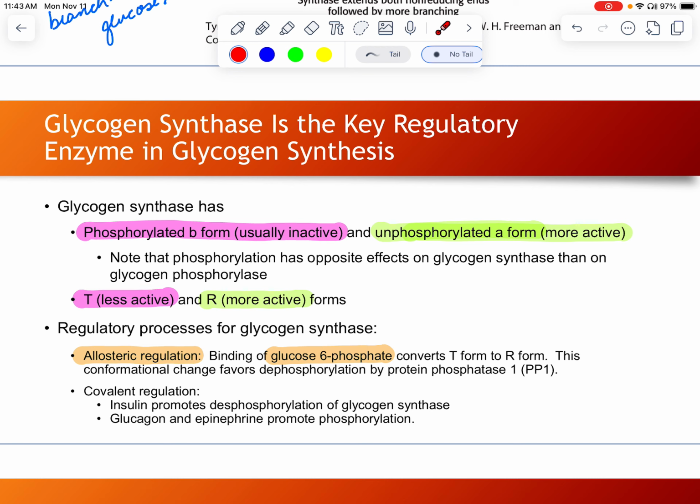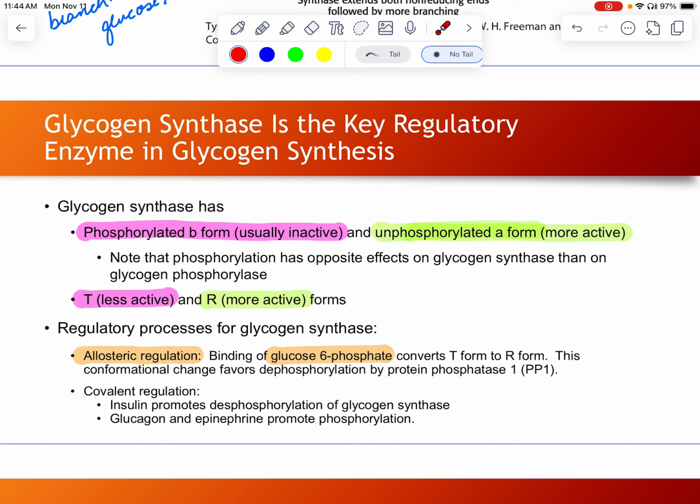And it turns out that this conformational change favors dephosphorylation. So go back up here, unphosphorylated, more active. So as this changes form, it makes it easier for this enzyme we're going to look at, protein phosphatase, to pull off those phosphate units. All right, so allosteric regulation, glucose 6-phosphate, positive effector, changes conformation to make it easier to pull off the phosphates.